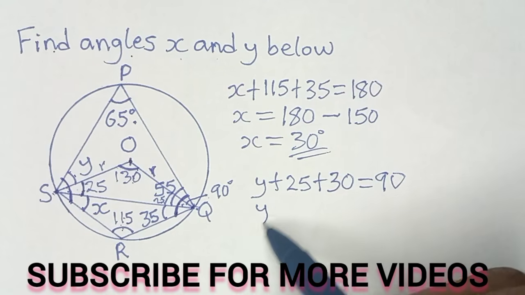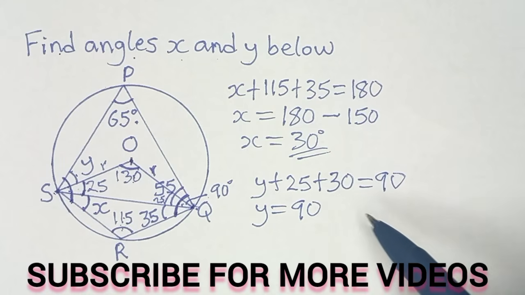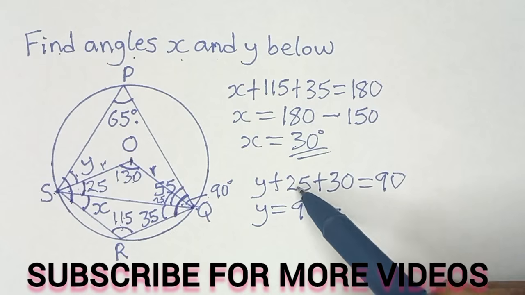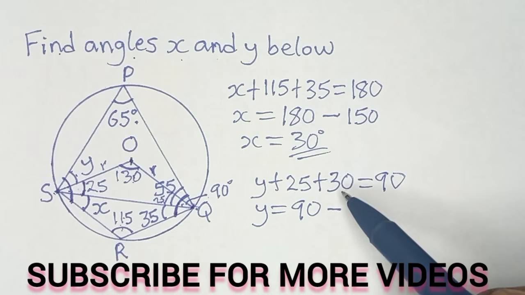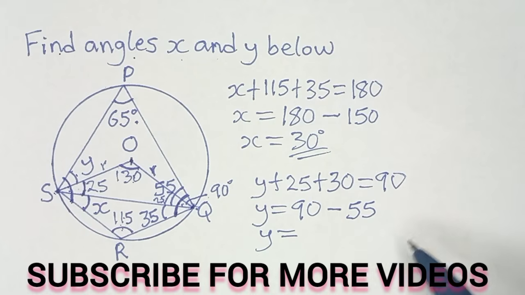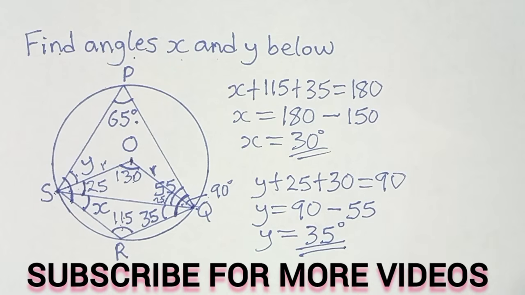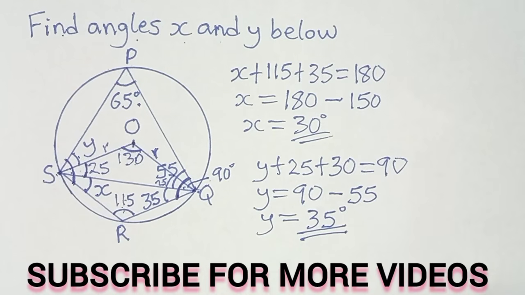So we can now say Y is equal to the 90 that is there already. 25 plus 30 is 55. When it comes to this side, it becomes minus 55. So Y will be equal to 90 minus 55, which is going to give us 35 degrees as the value of angle Y, and that's the final answer.